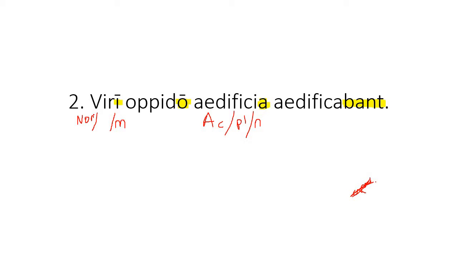Okay? But it might be genitive singular. If the nominative doesn't work, we'll be swapping it out for genitive singular. But we can pretty safely guess that it's the nominative plural. And then if it doesn't work, we'll go back and revise our guess. So, nominative plural masculine.